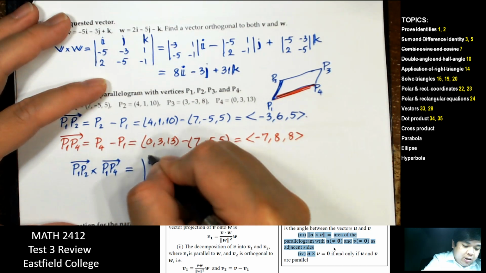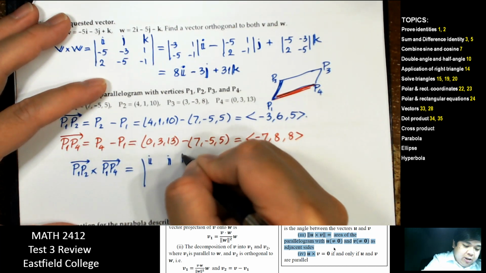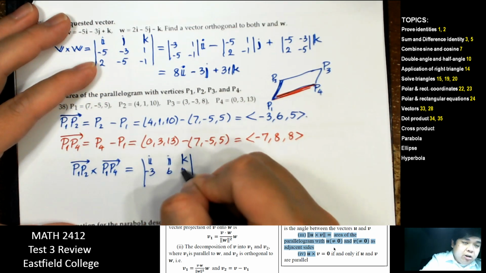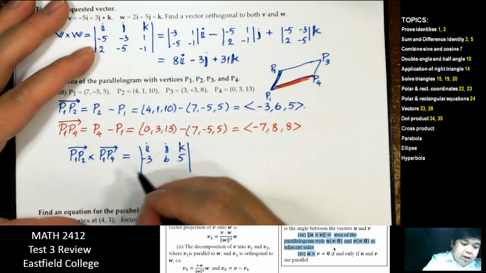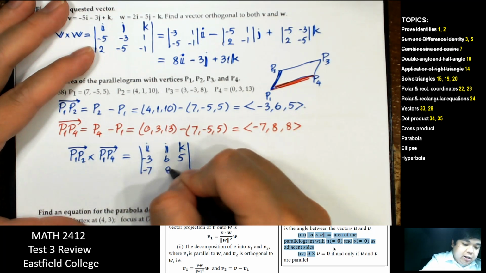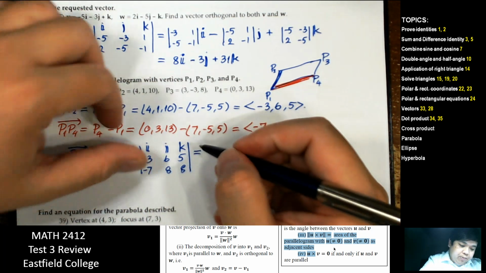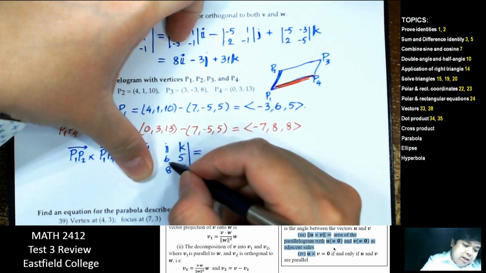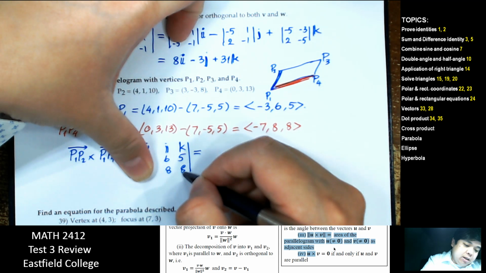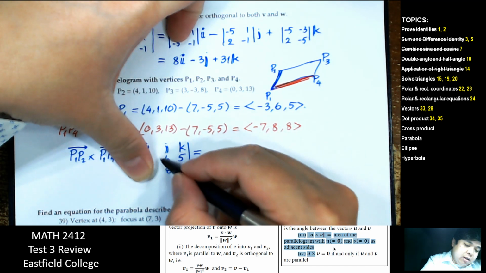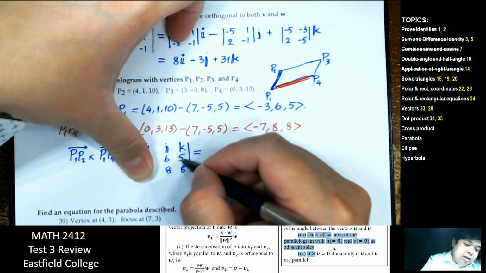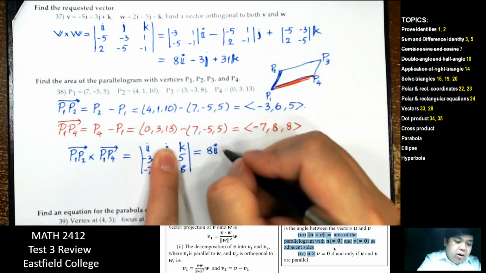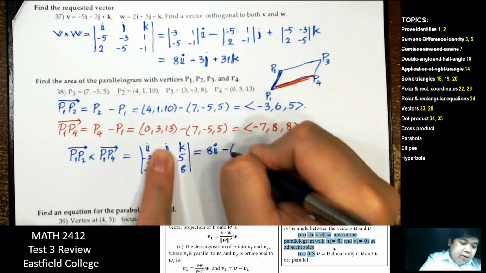So i, j, k, negative 3, 6, 5, negative 7, 8, 8. Right. So I'll skip a few steps here. 48 minus 40, so that is 8i. The middle one, negative.